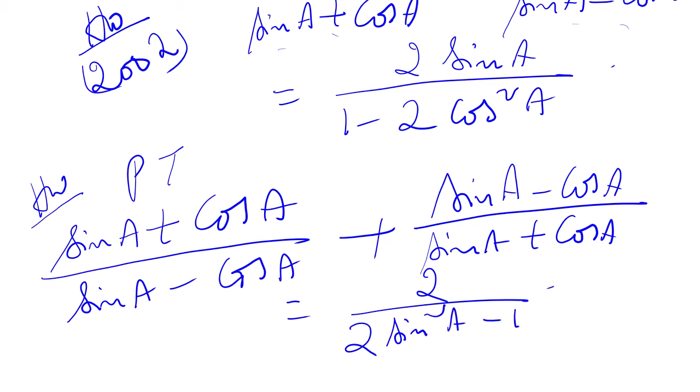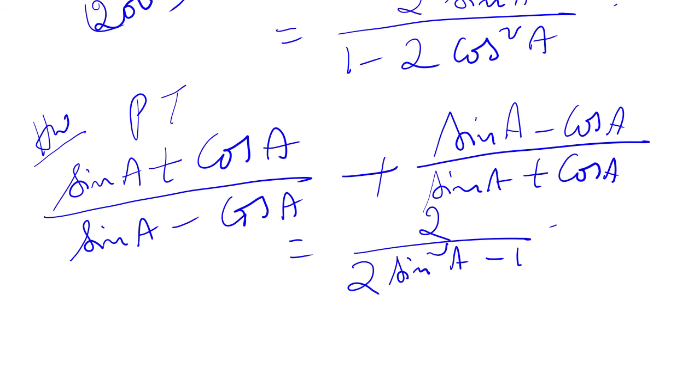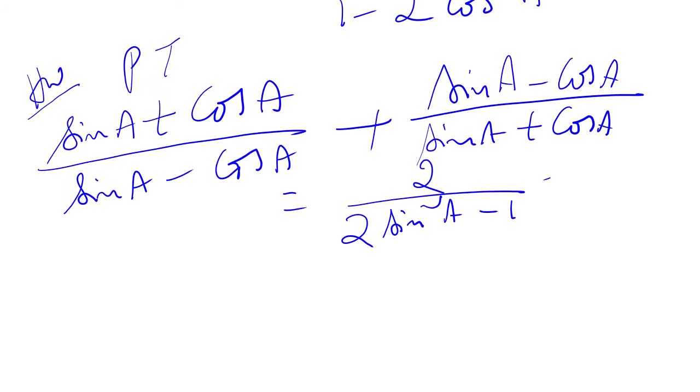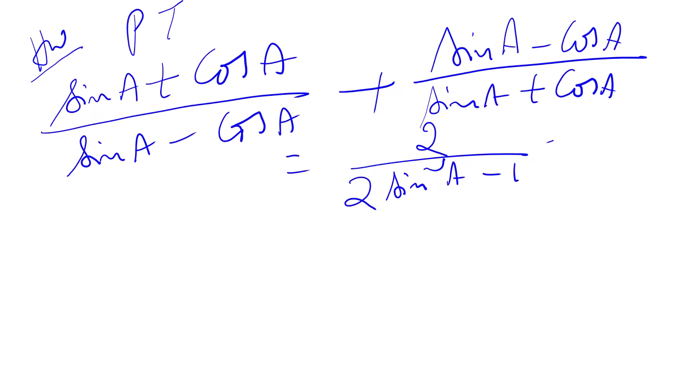So here also you will simply cross multiply and then keep simplifying. You will get, by using sine square a plus cos square a is equal to 1, the answer. Okay, try it out.